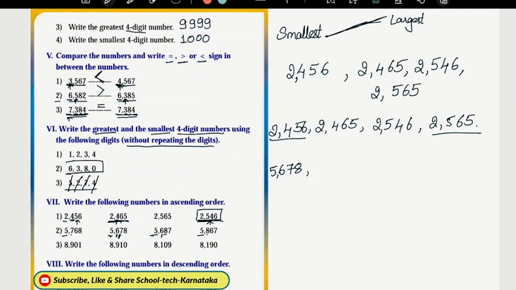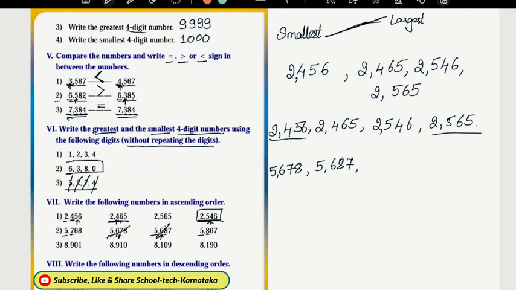Now the next greatest number is 5, 5, 5. Okay, 7, 6, 8. 6 is smallest. So 5, 6, 5687. This is gone. Now from the remaining two we need to find the smallest number.